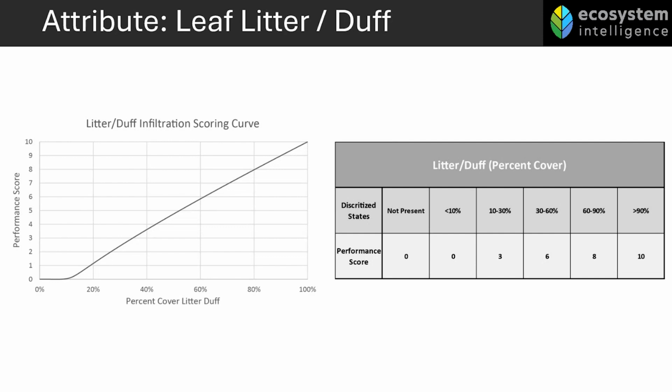And what this curve is showing is, if you have very limited coverage of litter and duff, it's really not going to do much. It's going to be negligible. You're not going to see it affecting your scores.